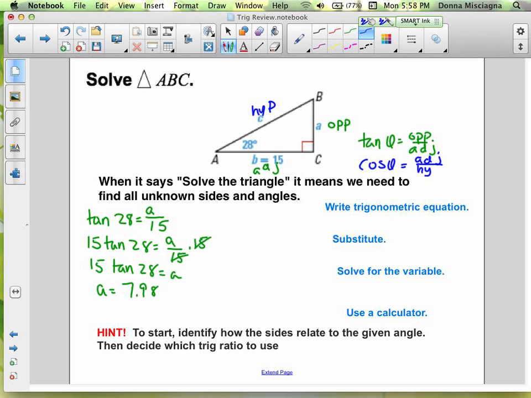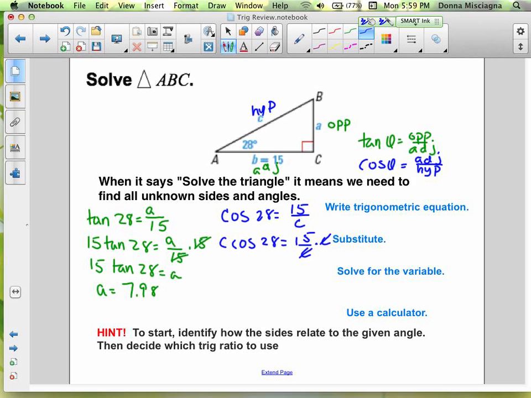All right, so we have cosine 28 equals, the adjacent side is 15, the hypotenuse is c. So now we need to get the c out of the denominator, so we're going to multiply both sides by c.